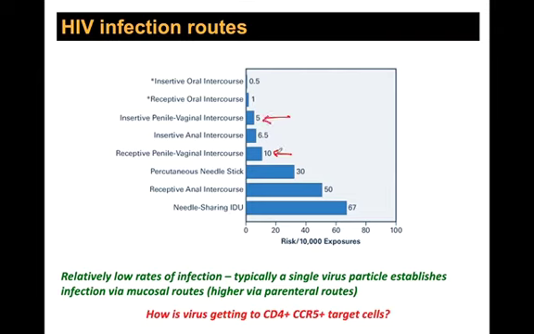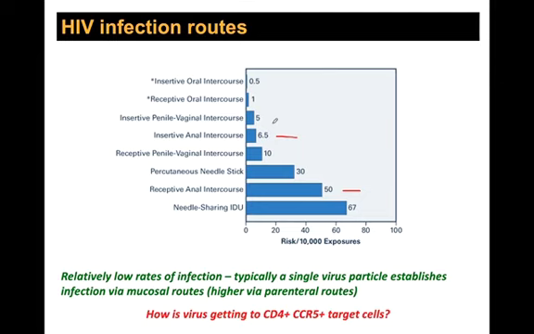If it's a female, it's about 10 out of 10,000. That's because there's just more damage to the female reproductive tract during vaginal intercourse. Now, in anal intercourse, again, it is whether you're the recipient or the insertive partner. If you're the insertive partner, again, it's fairly low because it's low damage to the foreskin as well as other areas. But there's more damage to the recipient, and so you get 50 out of 10,000.